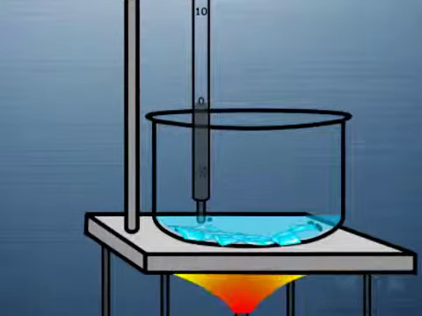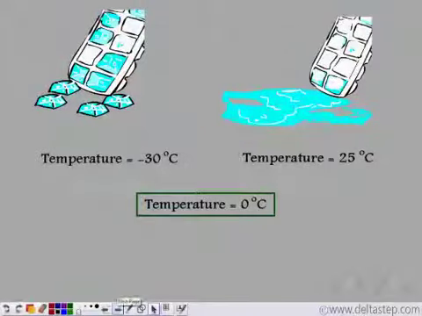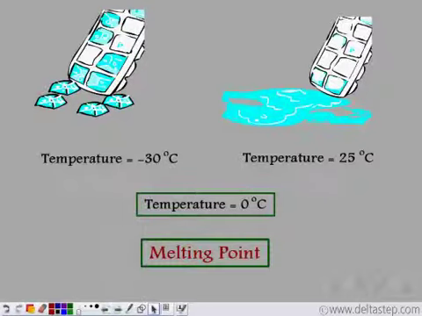At 0 degrees Celsius, the entire ice changes into water. So from the experiment, we saw that the ice melted to form water at 0 degrees Celsius. This temperature at which ice melts to form water is known as the melting point of ice. So the melting point of ice is 0 degrees Celsius.